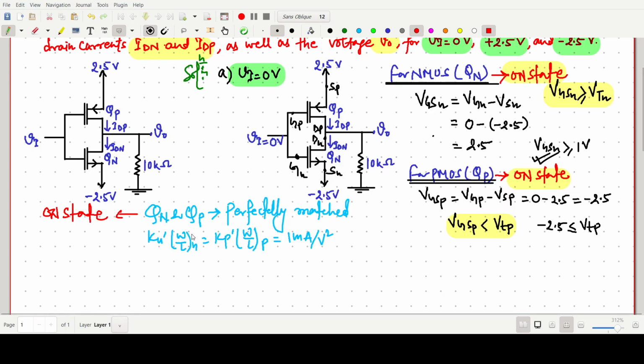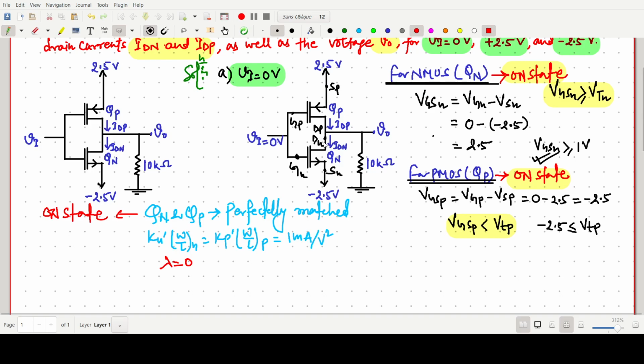In addition, we are not taking any channel length modulation, so this acts as a resistance-less path. It has no finite resistance, so there will be direct current flow. We can say lambda equals 0, so this one is just like a short circuit connection.